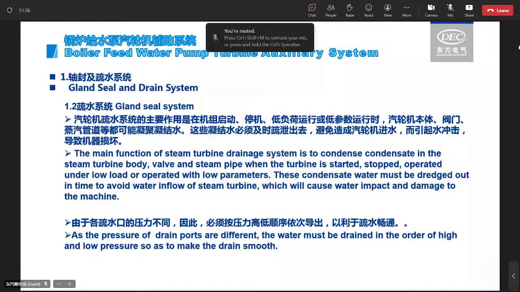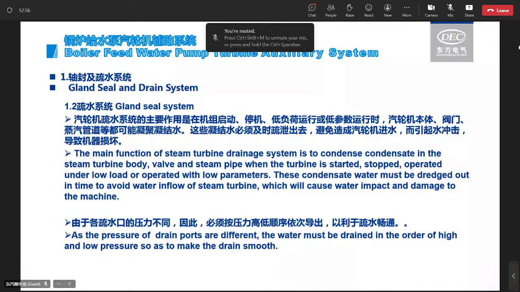Condensate must be drained out promptly to avoid water entering the steam turbine, causing water impact and damaging the machine. The main function of the steam turbine drainage system: during operation under low parameters, especially at start up, shut down, low load, it is highly possible that condensate will appear in the steam turbine body, the valve, and the steam pipe.